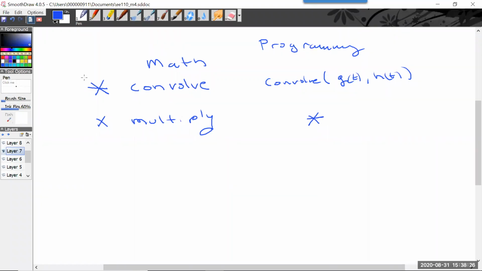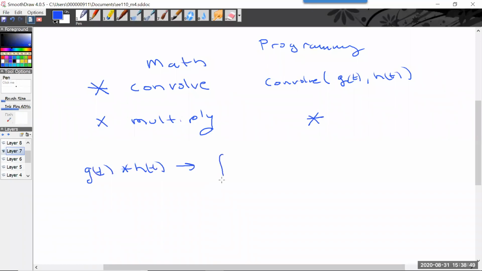And so really you can't just program your equations. You have to make them presentable. So we have g of t convolved with h of t.